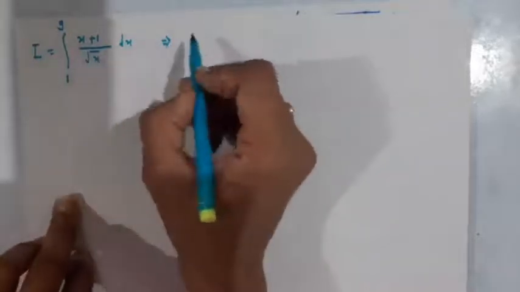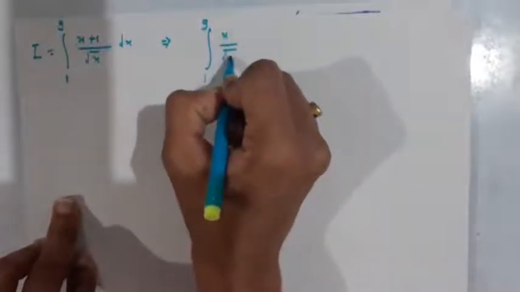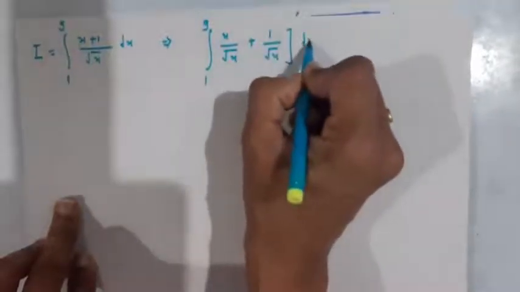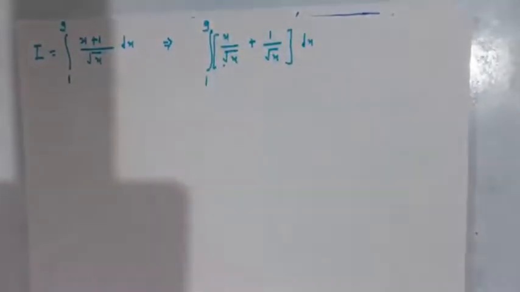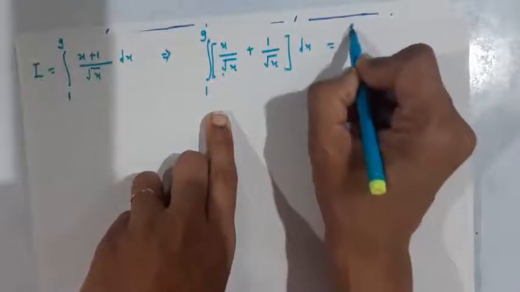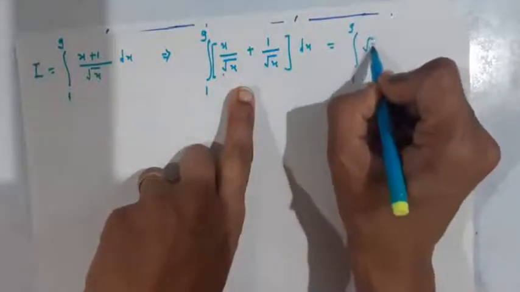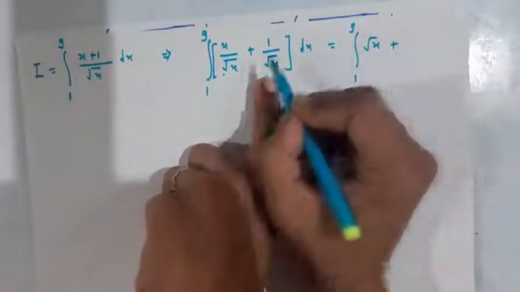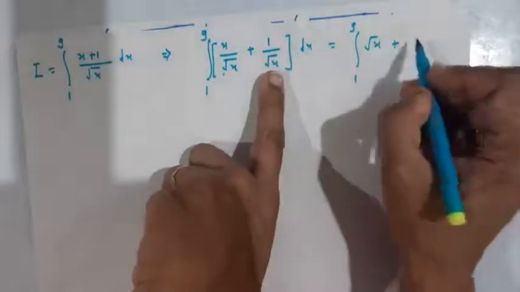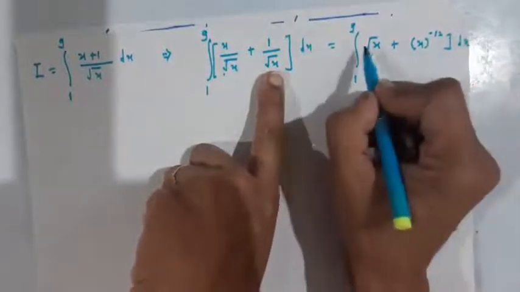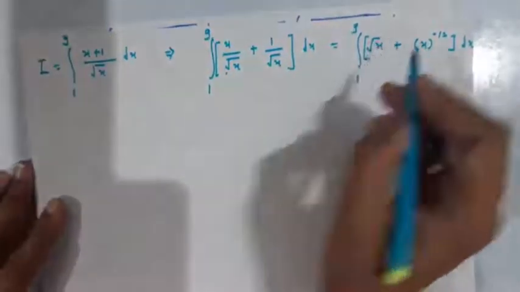First simplify: the integral from 1 to 9 of x upon root x plus 1 upon root x with respect to x. This is equal to the integral from 1 to 9 of x upon root x, which means root x, and 1 upon root x, which means root x raised to minus 1, or x raised to minus 1 by 2. Any way you can write it, students. And root x means x raised to half, you know that.